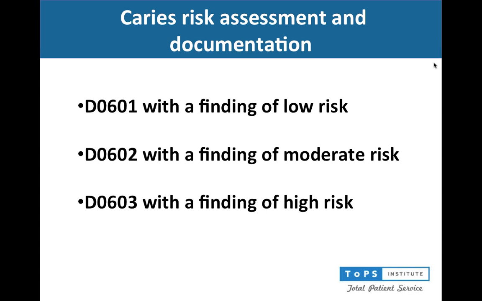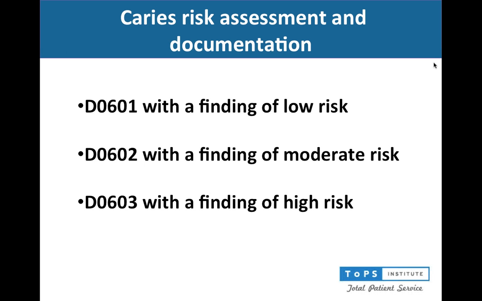There are 3 subcategories, as you see on the screen: D0601, which is the findings of low risk, D0602, the finding of moderate, and D0603 with the findings of high risk. Now, the CMC believes that the caries risk assessment is going to be a great distinction and separate what our patients' health status is.